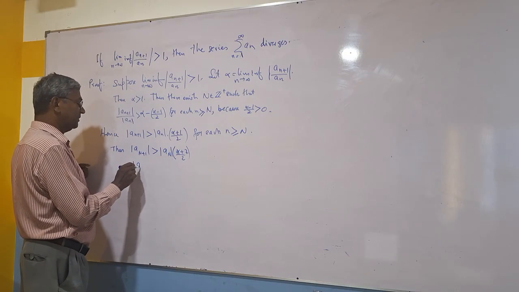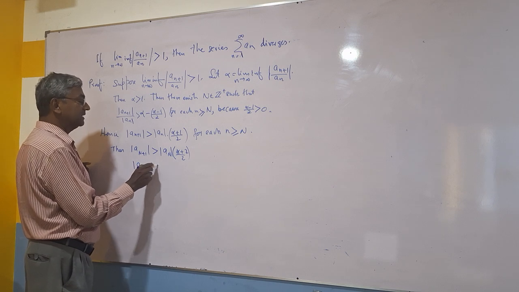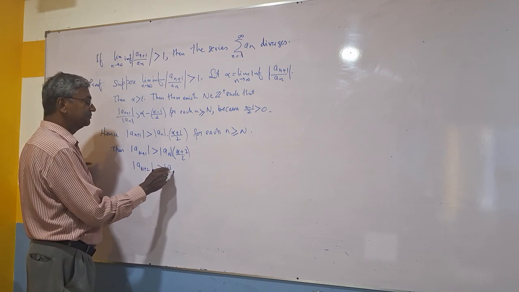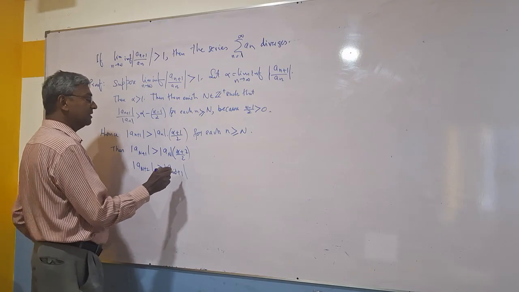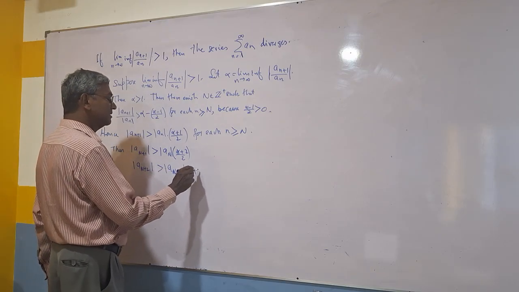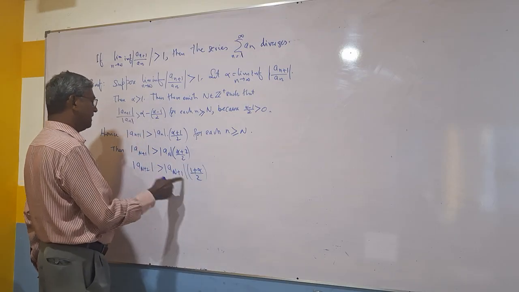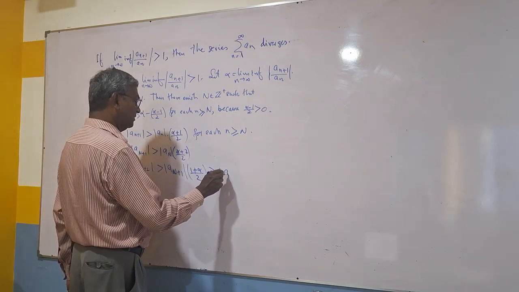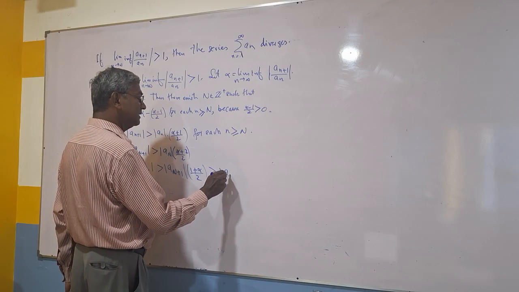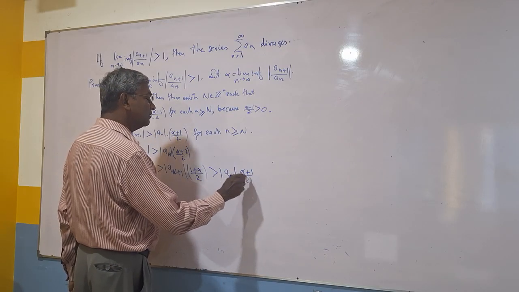Similarly, mod of a_{n+2} is greater than mod a_{n+1} times (1 plus alpha) divided by 2. But mod a_{n+1} is greater than that guy, therefore mod a_n times ((alpha plus 1) divided by 2) whole thing squared.